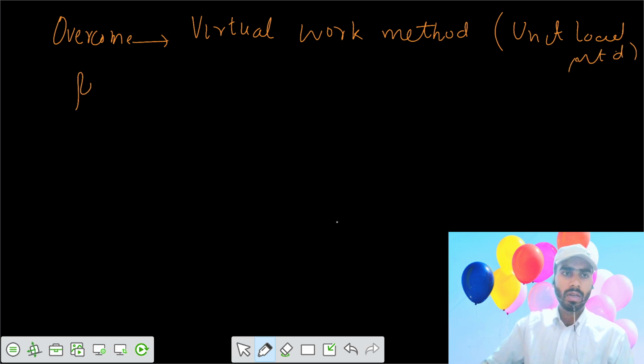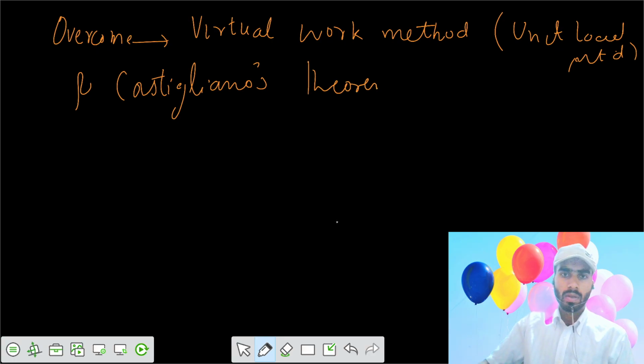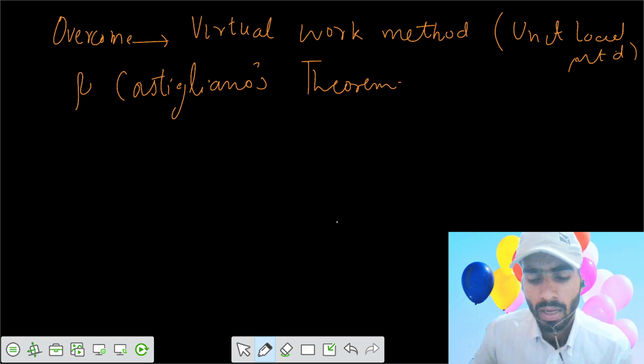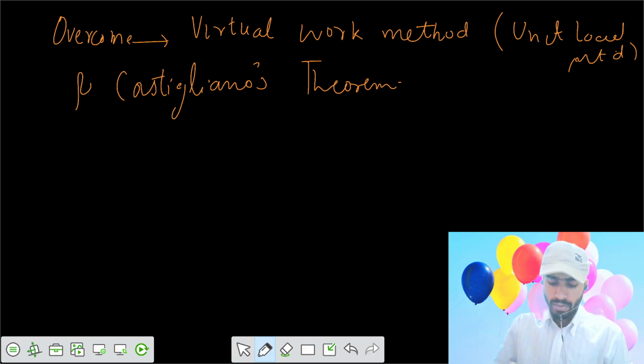Next one is Castigliano's theorem. In strength of materials, we will be dealing with a part of Castigliano's theorem. The rest of these methods we will deal with in structural analysis.